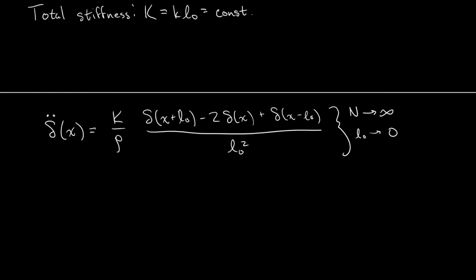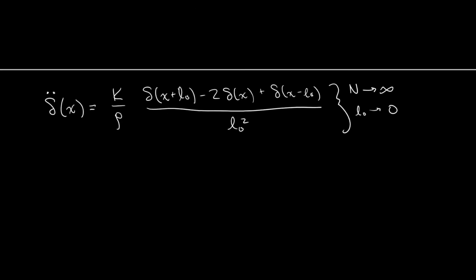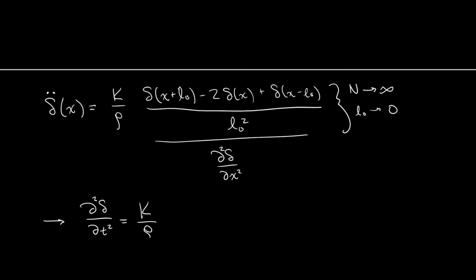And so then this just here becomes a second derivative. So I'll write it as a partial derivative with respect to x. And at the end of the day, I have an equation which looks like d2 delta dt squared is equal to k over rho d2 delta dx squared.